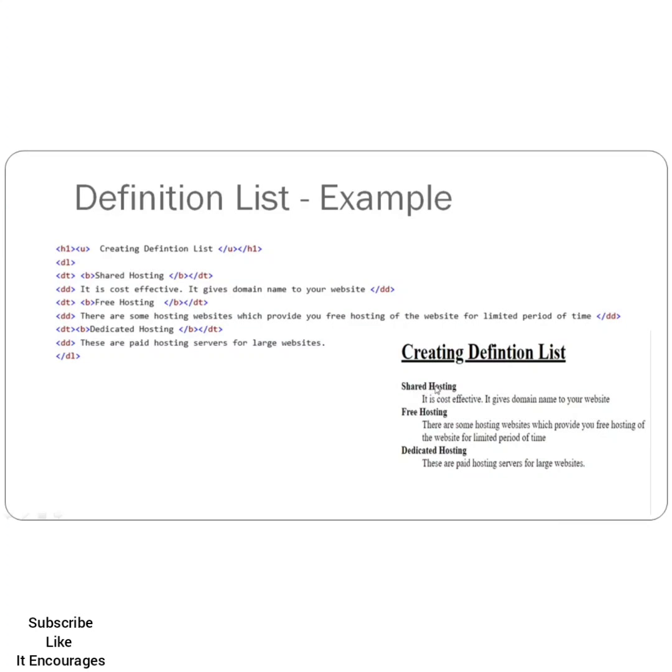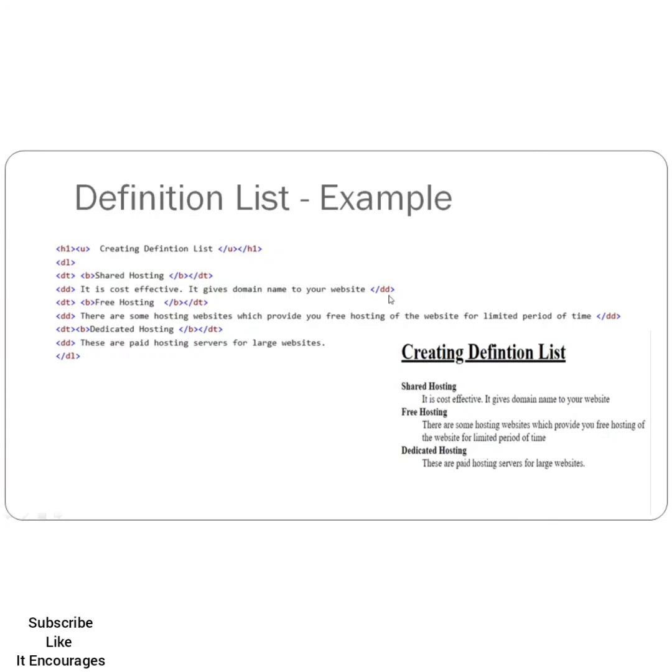Next we have this shared hosting word. This is the term, so it has to be enclosed within the DT tag. As we can see here, DT tag, shared hosting, and we close the DT tag. Because I wanted to highlight this term, I have also nested a bold tag within it. The meaning of the term, the data definition, is given between the DD tag.